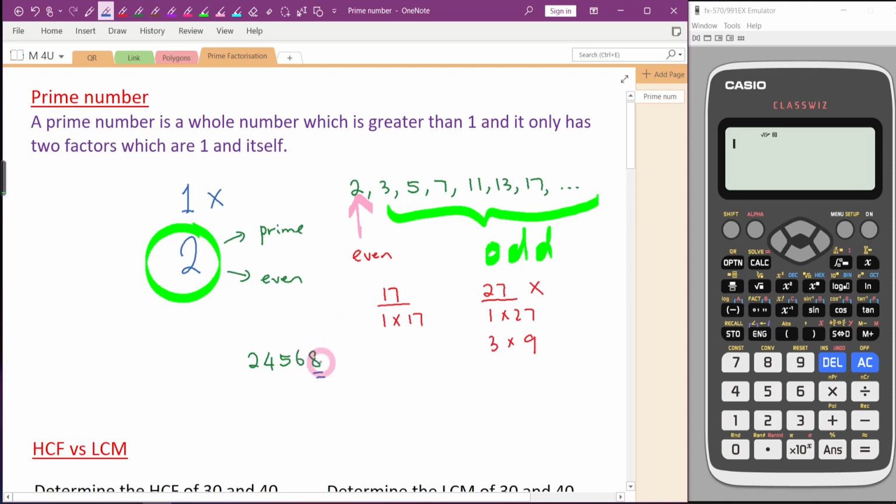If the digit at the back here is 0, 2, 4, 6, or 8, this number is definitely an even number, meaning that it can be divided by 2. And just now I told you that all the prime numbers are odd numbers except the 2 here. This is not 2, right? So therefore we can make a conclusion. This is an even number and this is not 2.